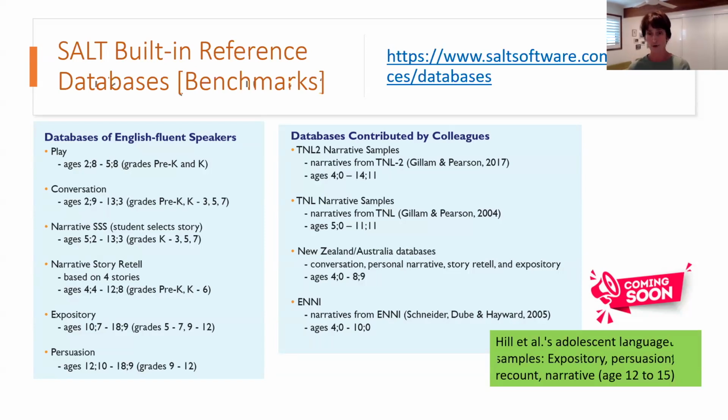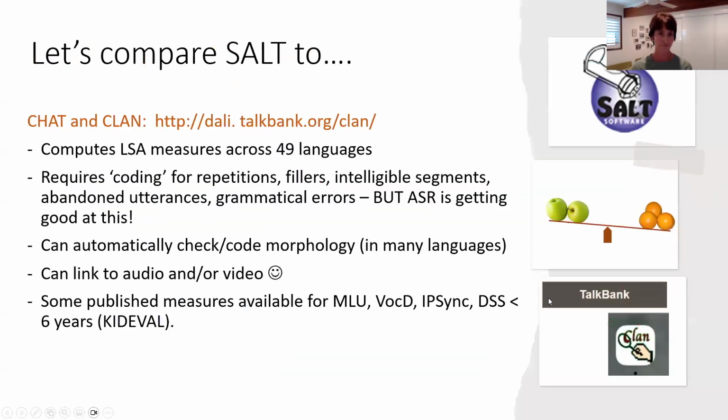Now, we're in the process of including Liz Hill's adolescent language samples. And you may know her paper, and the reference is on the last slide. And she's got expository, persuasion, recount, and narrative samples of about 120 adolescents, ages 12 to 15. So that's exciting. But the rough benchmarks are already available in a paper, so you can just access those.